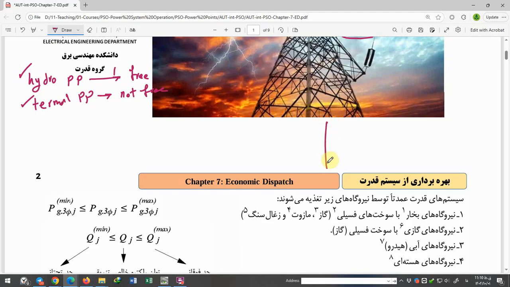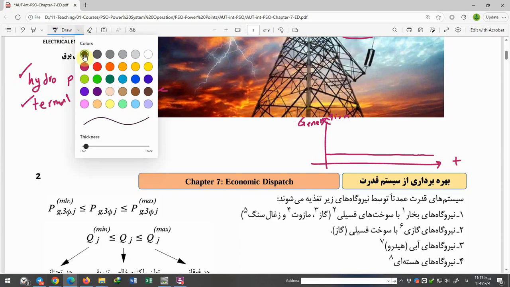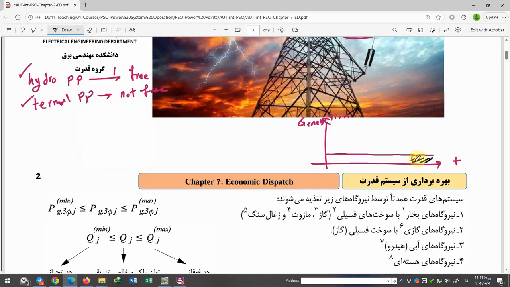And so the generation of hydropower plants is all the time, if you don't have any limitation or any other issues about the water in dams.